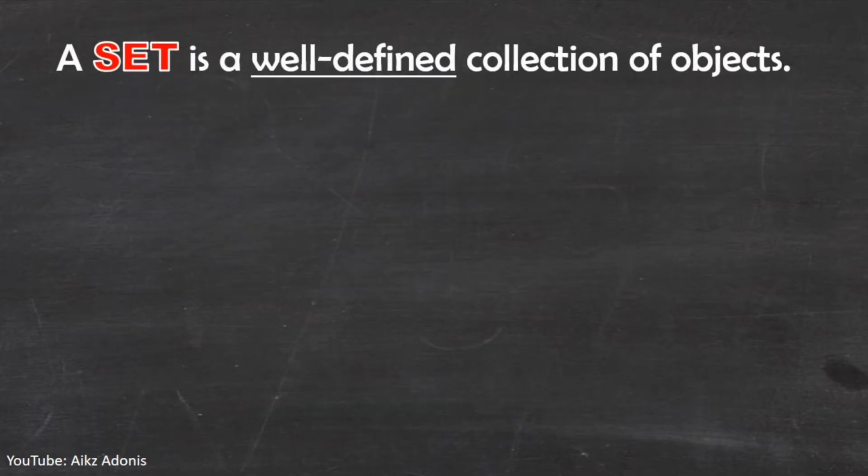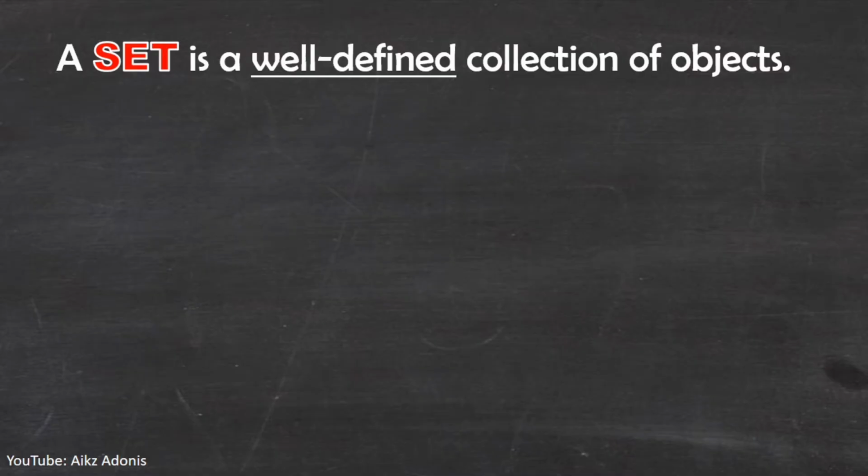Similarly, in mathematics, a set is also a collection of objects, but a well-defined collection of objects. When we say well-defined, we can easily give the objects or elements of a set. To understand it more, let's have a counterexample of well-defined.